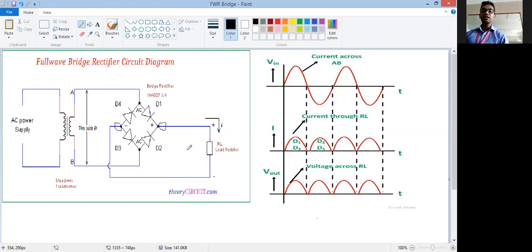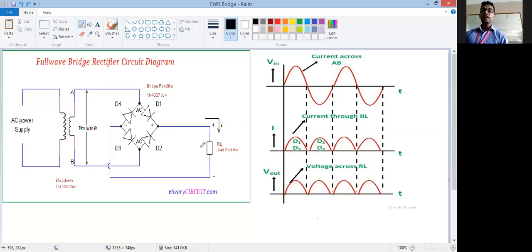This makes it easy to remember the direction of the diode, because if you reverse, suppose D4 only, with the triangular part on this side and the line part on this side, meaning you interchange the P and N type connection, then the total circuit will fail. So it is important that you remember the direction of the diodes, in which way the P and N terminals are connected. The direction of the diode is from this side to this side. In this way you can remember the diode direction.